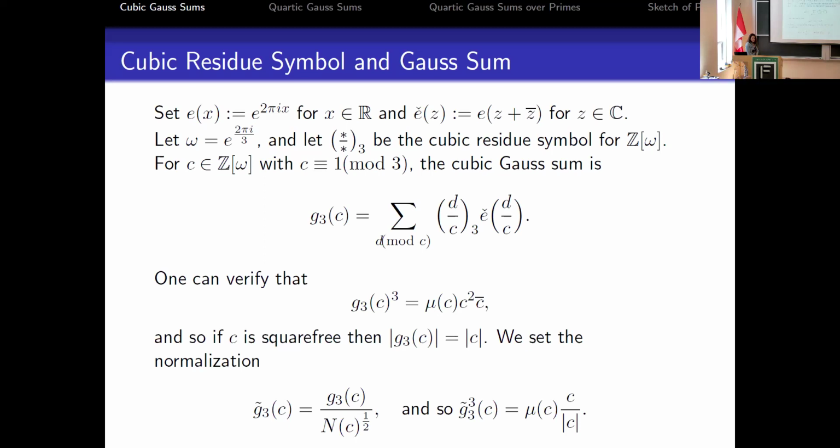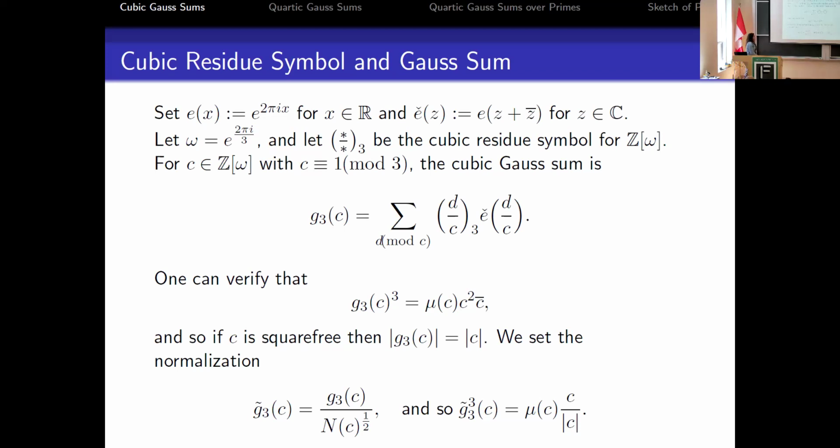Now, the cubic Gauss sum satisfies many very interesting properties. One of them is that when you cube it, you get μ(c) times c squared times the conjugate of c. μ(c) here is the Möbius function for Z[ω].